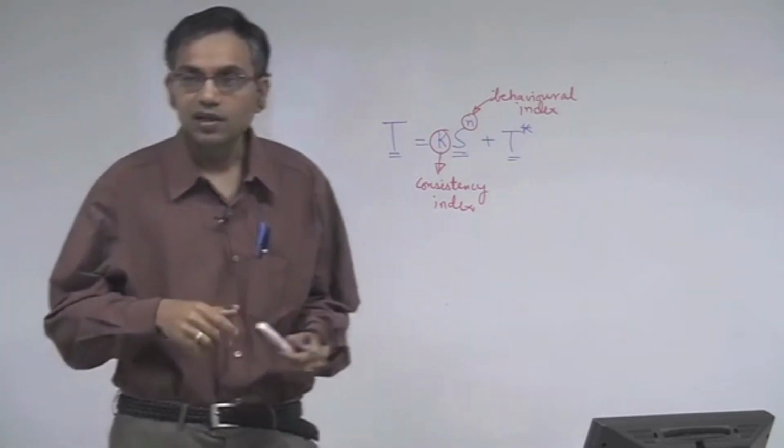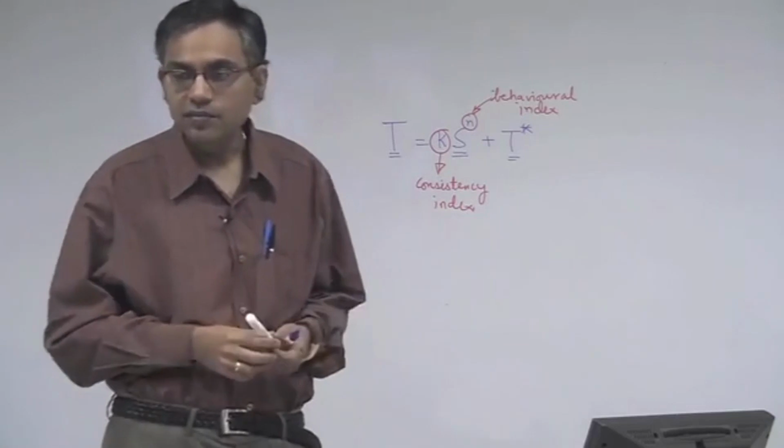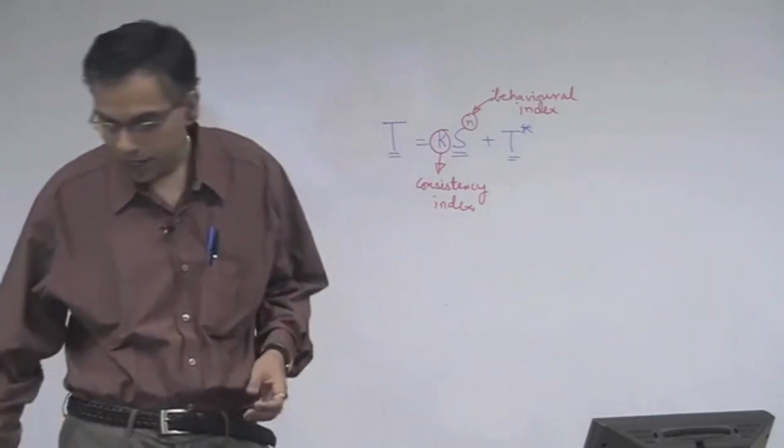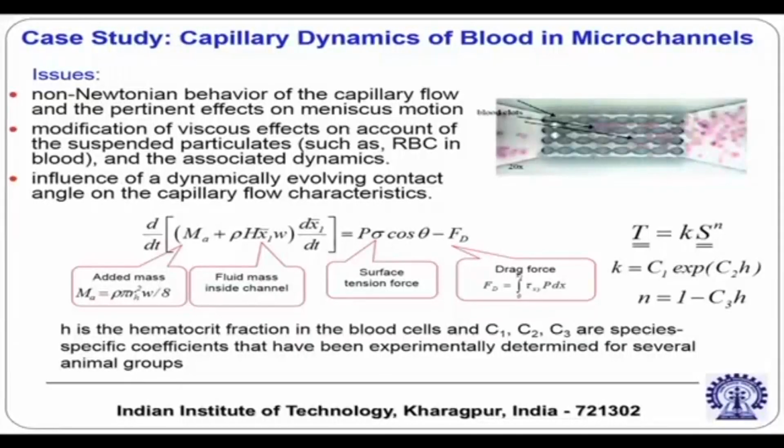That is many times critical, and let us see now what are the parameters on which this will depend. As I pointed out in the previous lecture, the T star can be neglected under certain situations.